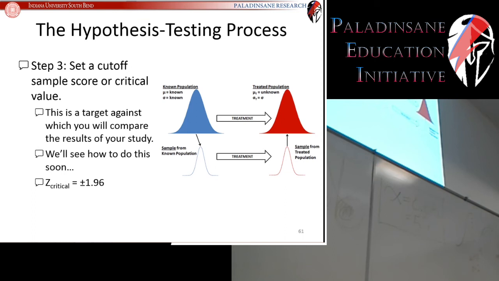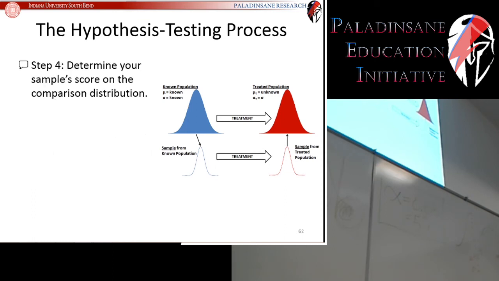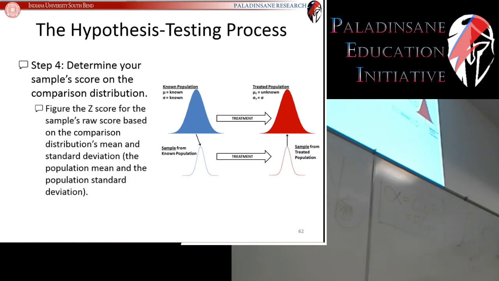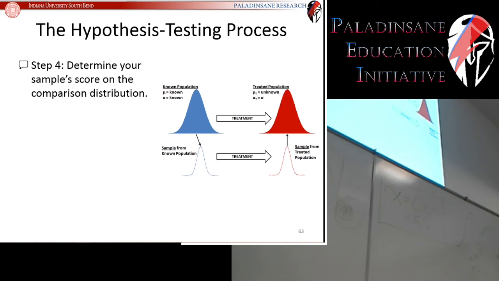So that's step 4. We determine our sample score on the comparison distribution. We do this by changing this 43.5 into a z-score. So all that work we were doing on z-scores is going to pay off right now because hopefully we're practiced enough to remember that's the information we need.